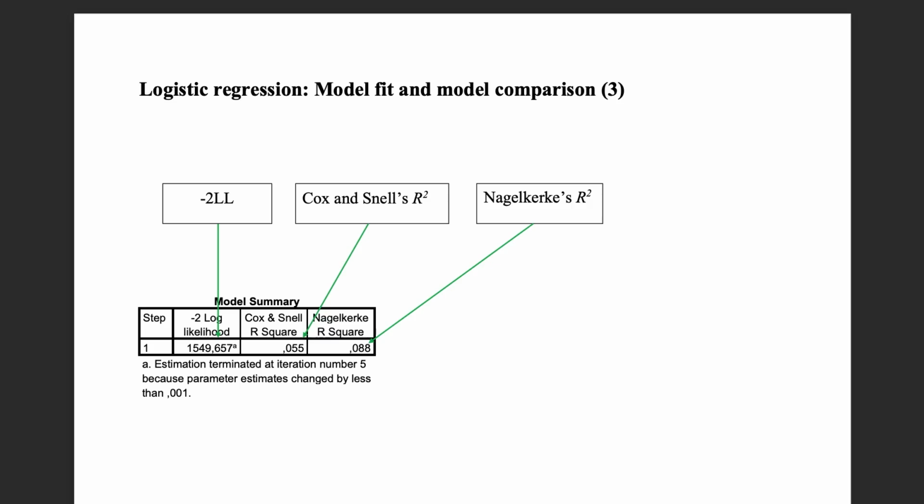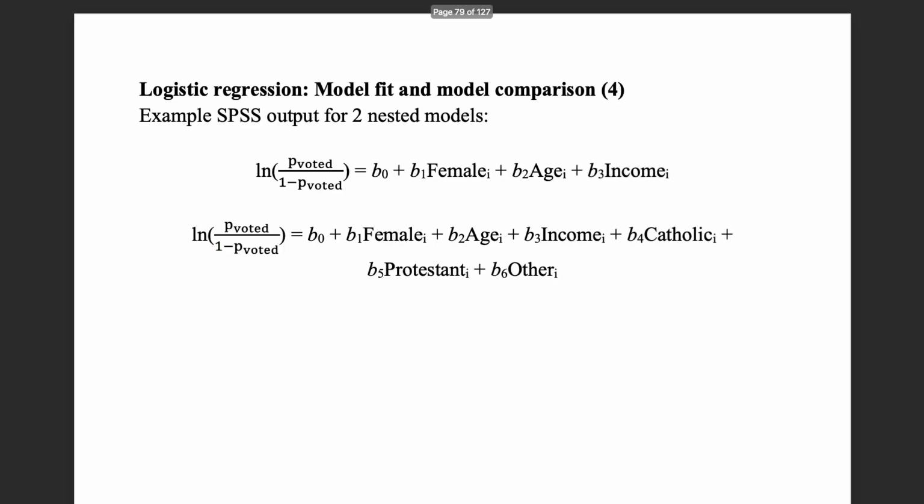Cox and Snell suggests that 5.5% of the variation of our dependent variable is explained. Nagelkerke's R-square tells us that 8.8% of the variation in our dependent variable in the sample is explained.